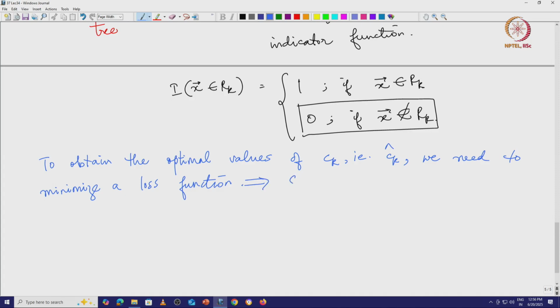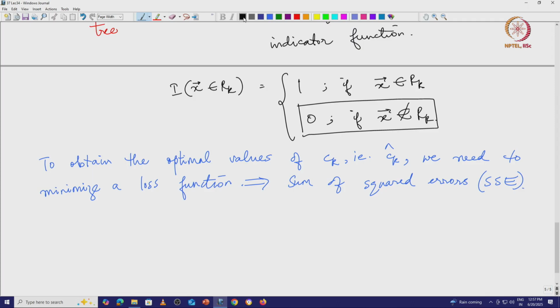So, we are going to use the sum of squared errors, SSE. So, let us see what happens when you use SSE as the loss function.